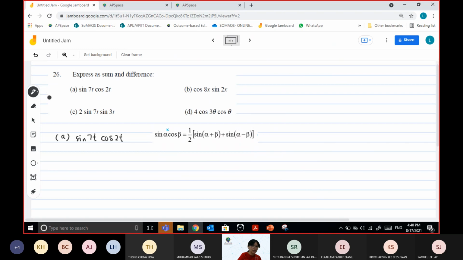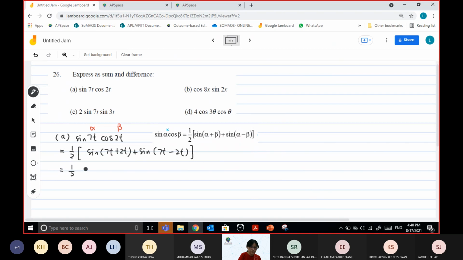According to this formula, the 7t is alpha, 2t is beta. If you use the formula, it will be equal to half, then sine 7t plus 2t, plus sine 7t minus 2t.